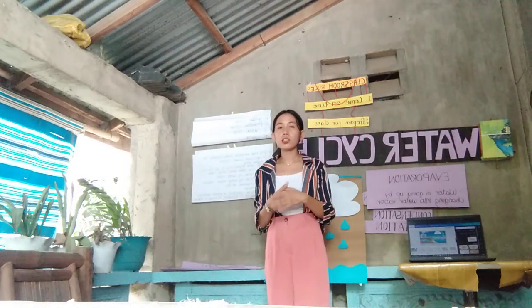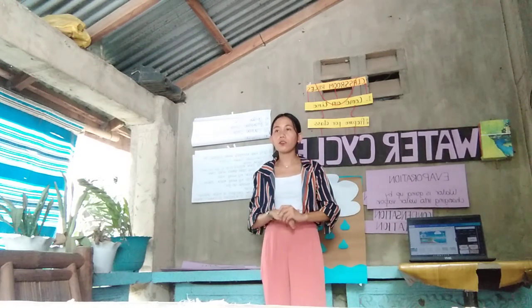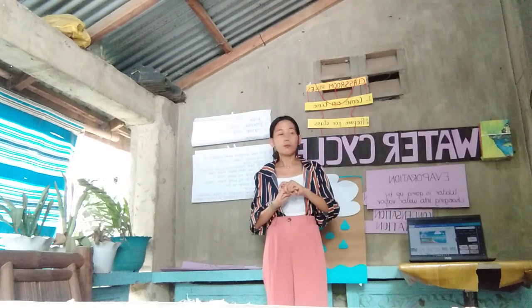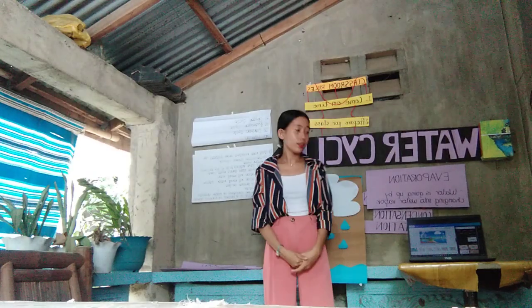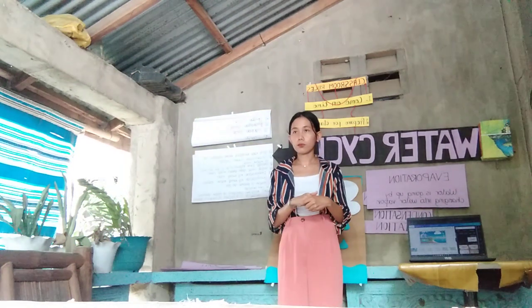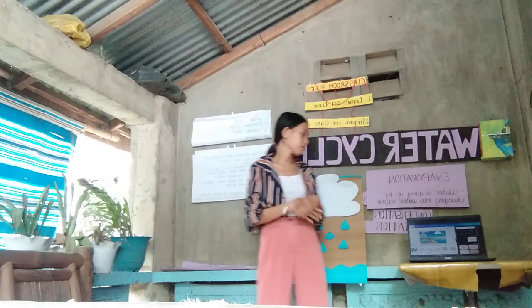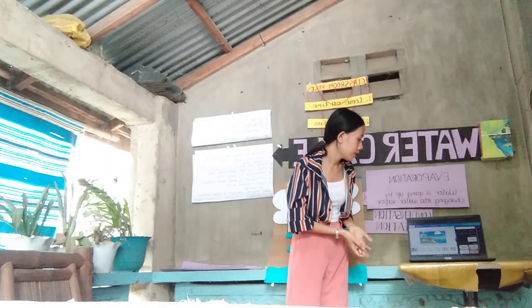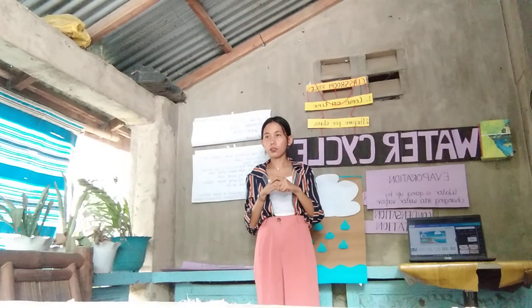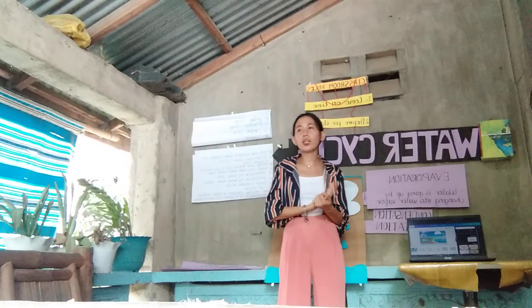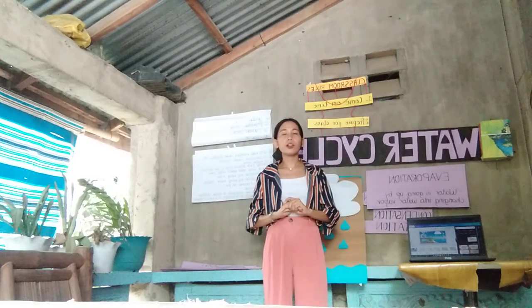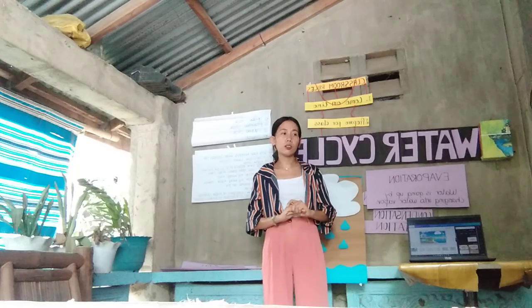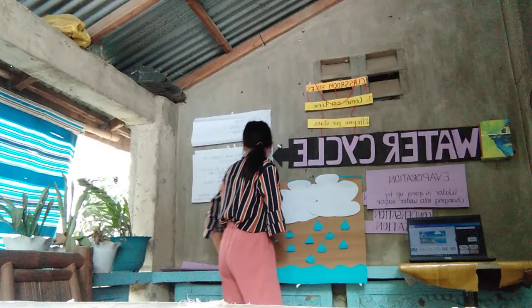So evaporation is when the water evaporates from the ocean. Look at the chart. There's water that looks like smoking and it will be transferred into cloud, and that is called condensation.